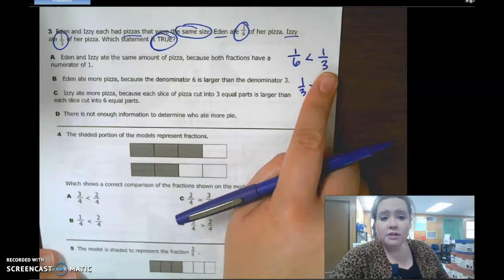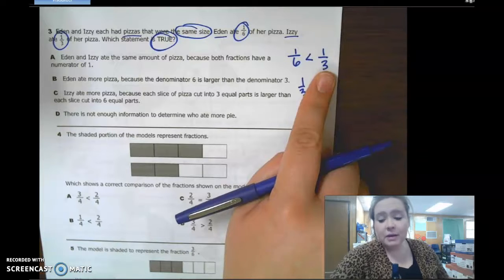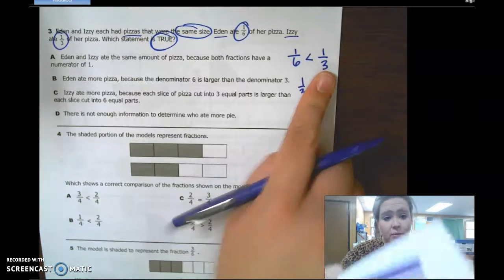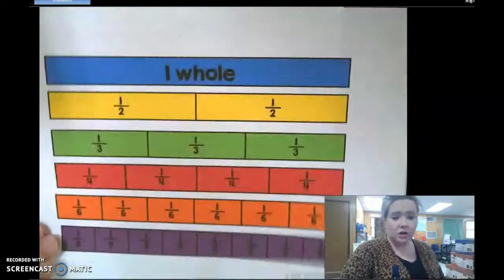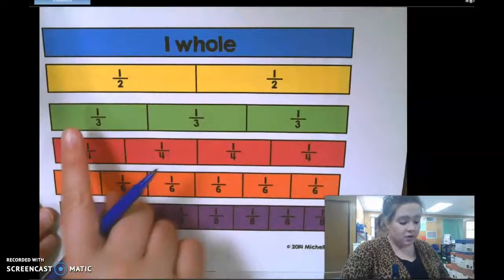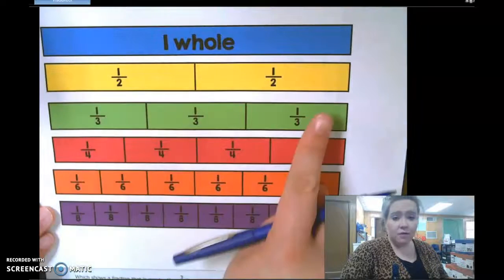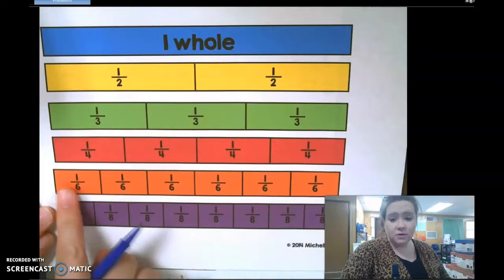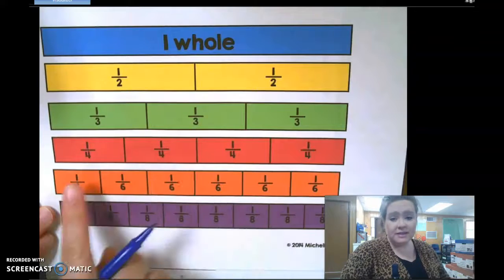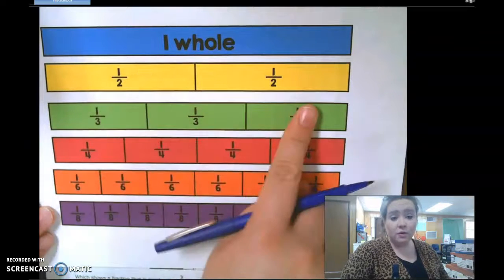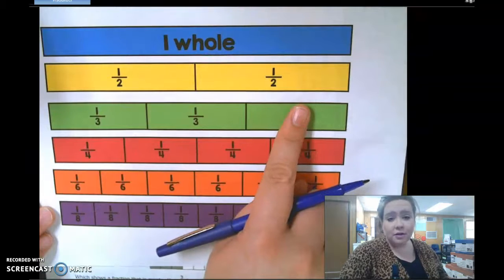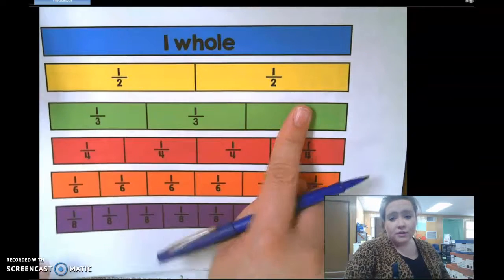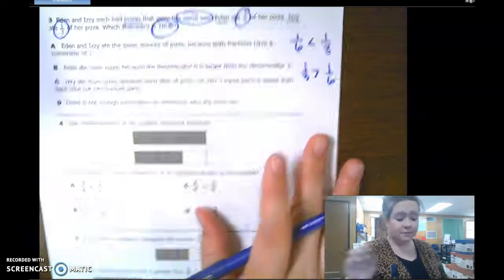The smaller denominator, which is 3, is going to be your larger fraction because you have a smaller number of parts that you're cutting your whole into. So here, I only have 3 parts, and here I have 6 parts. Well, if you're sharing a pizza with 6 people versus a pizza of the same size with 3 people, the one that has the 3 slices, those slices are going to be bigger.